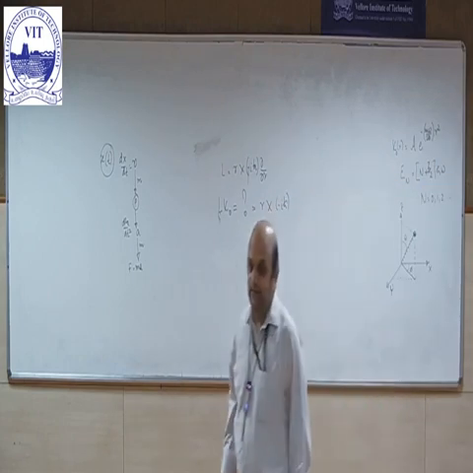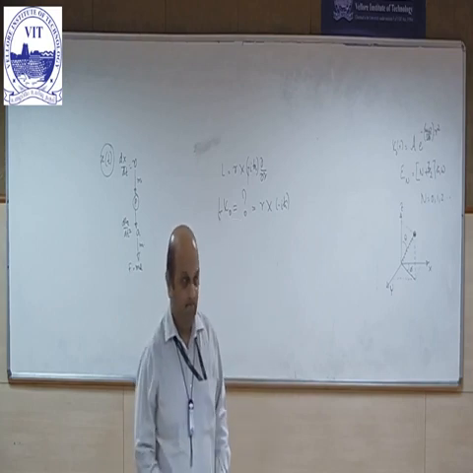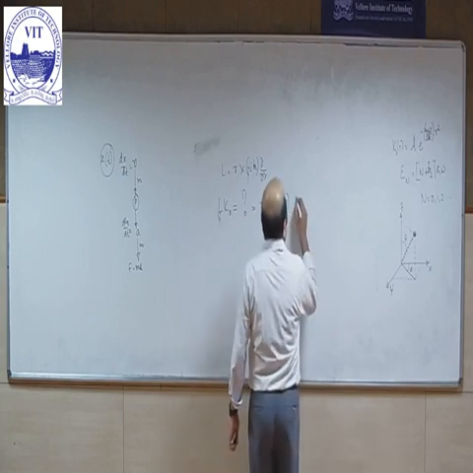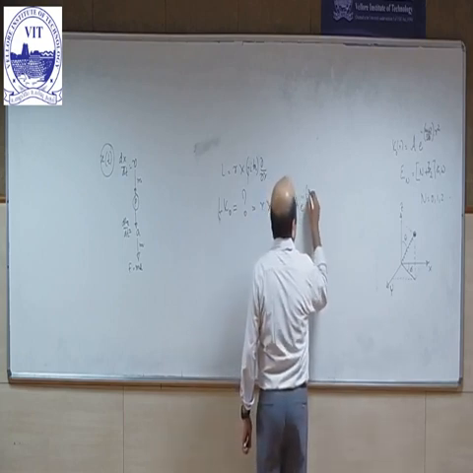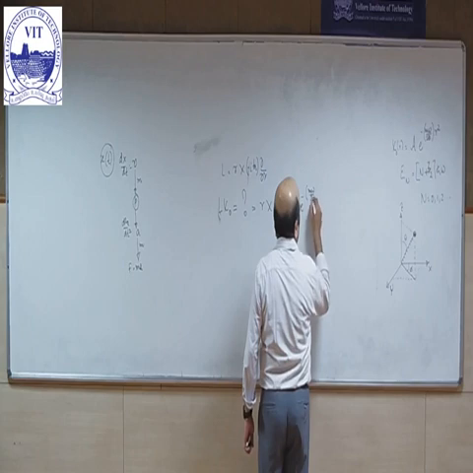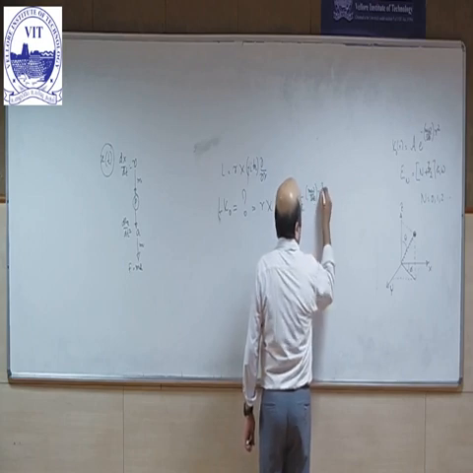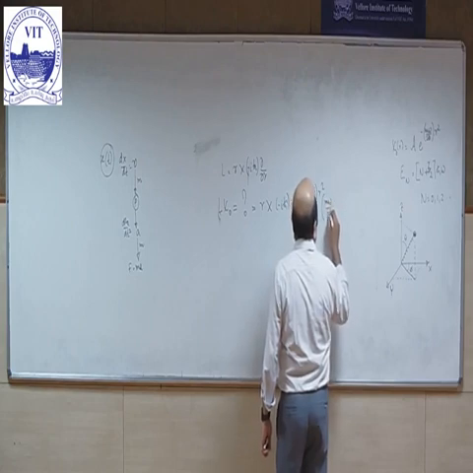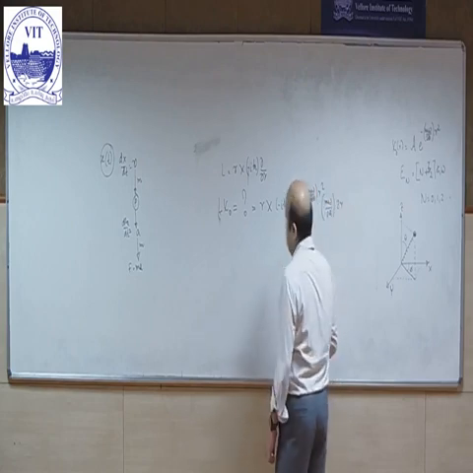What do you get? This is A times e to the power minus m omega divided by 2ħ r square, multiplied by m omega divided by 2ħ times 2r. Is it correct?